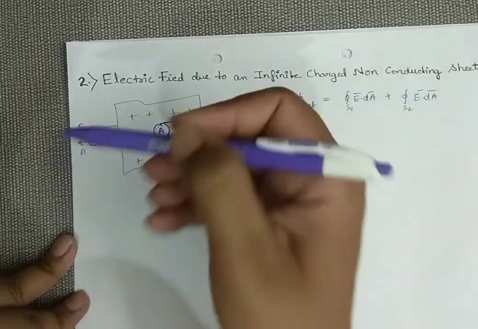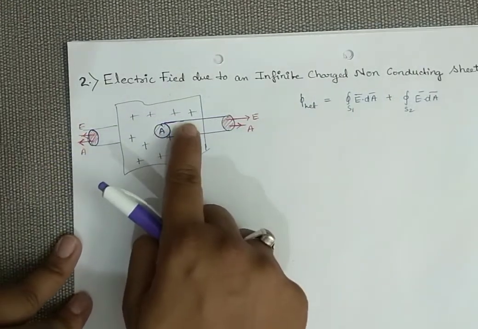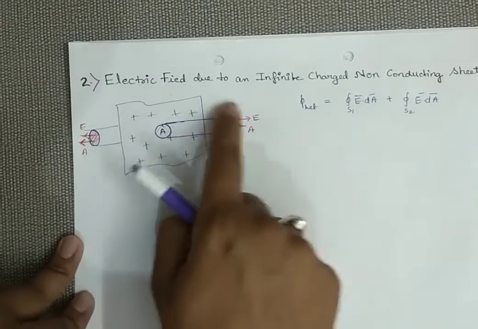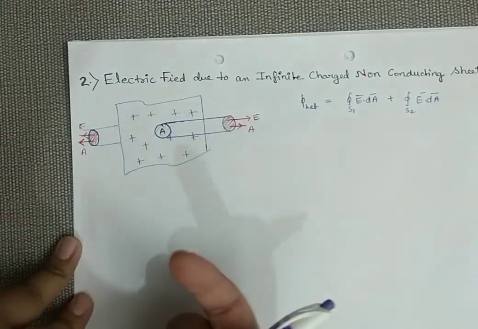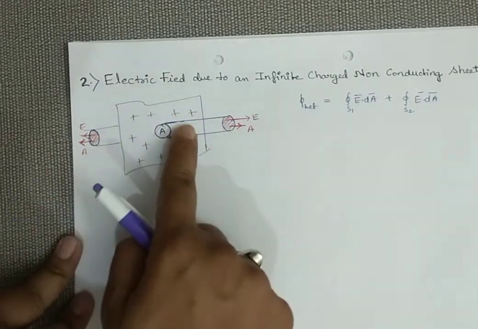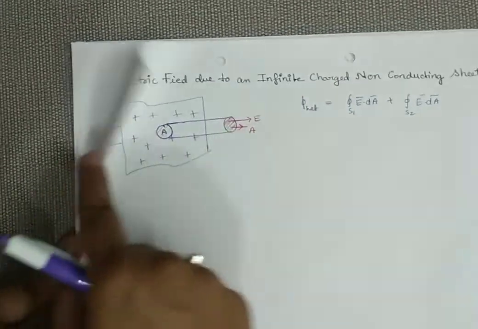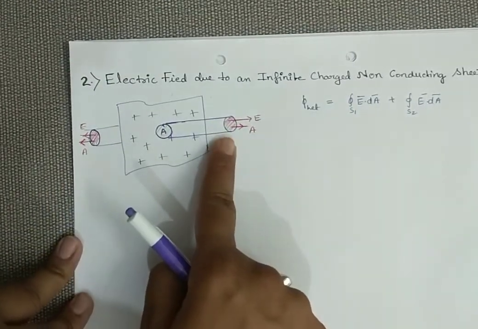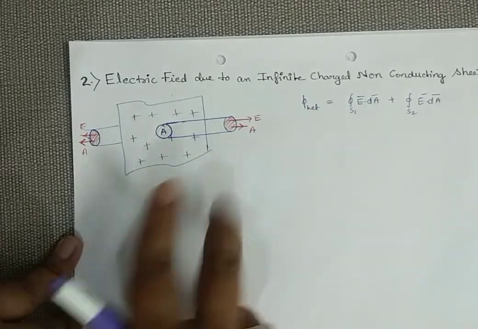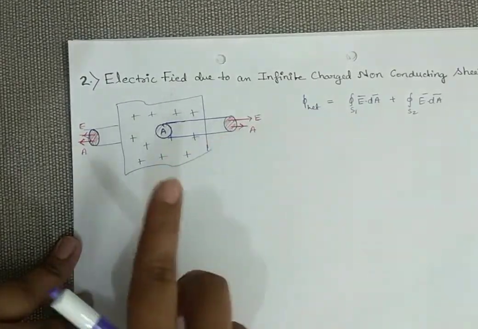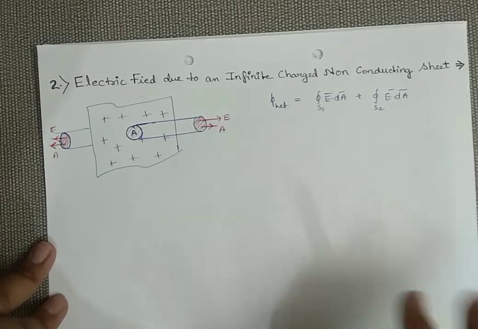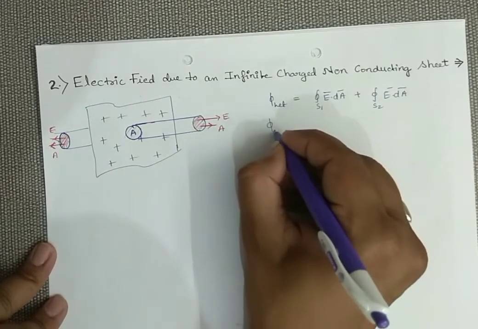I haven't taken the curved surface because for the curved surface, area vector and electric field are perpendicular, so cos 90 is 0. I have considered only these two surfaces because electric field is crossing the surface perpendicularly. I have already told you, for electric flux we only consider the surfaces which are perpendicular. So just solve the flux for these two surfaces.